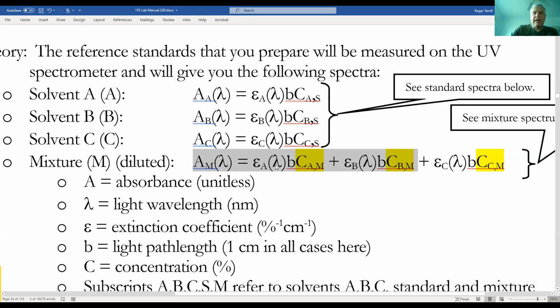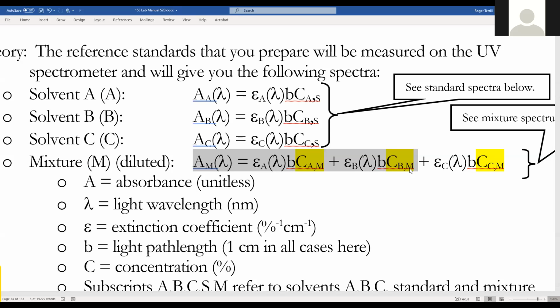Concentration of acetone, that's 1%. Exactly. So we know this whole contribution here, right? Epsilon of second component, toluene at 268. Do we know that? Yes. Excellent. Concentration of toluene. Can we calculate it?